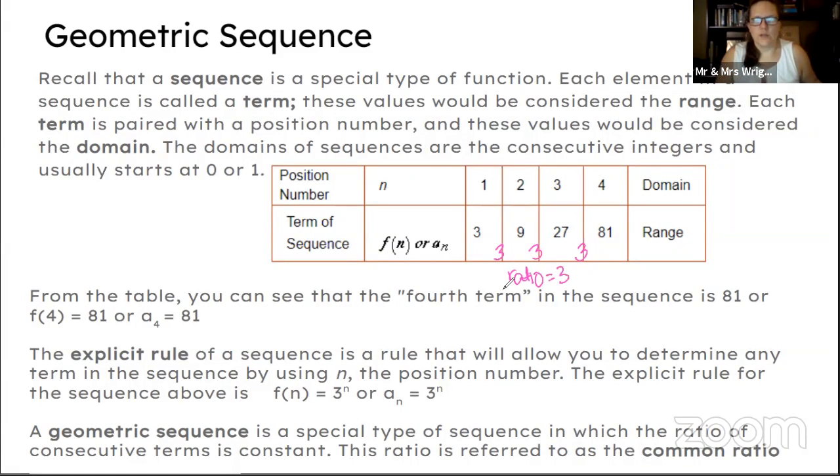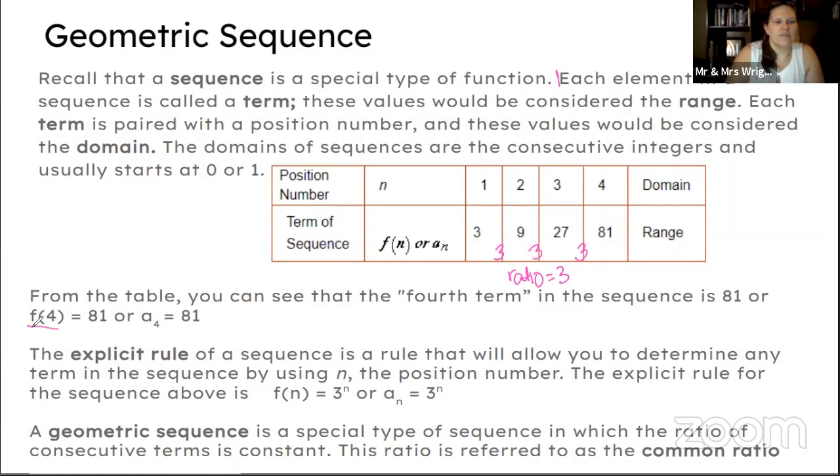Okay, so you get the ratio by dividing one term by the term in front of it, and that's how you determine the ratio. And if it has a constant ratio, meaning it's the same no matter what, it doesn't change, it's going to be a geometric sequence.